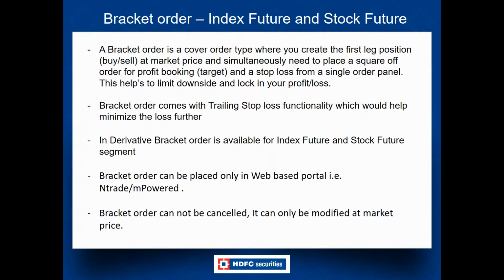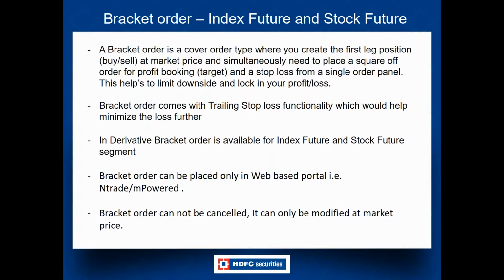In layman's language, bracket order is a 3-leg order functionality wherein your first order will be executed at market price, and subsequently you can place your target price and stop loss price in that same order window, so that in one order you can execute at market price first, and place your stop loss order and your book profit price in a single order panel.